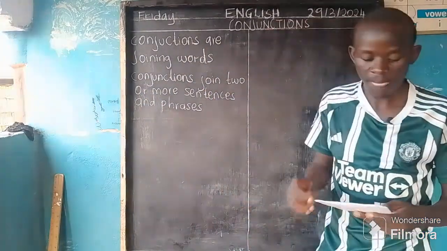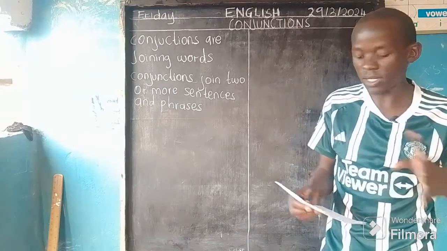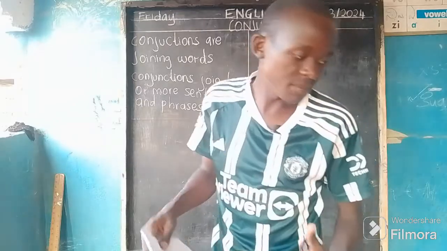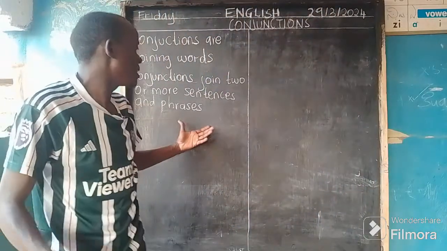Is that okay? So today we are going to handle 4 types of conjunctions that you are familiar with. You use them in your daily life and it is easier for you to learn.